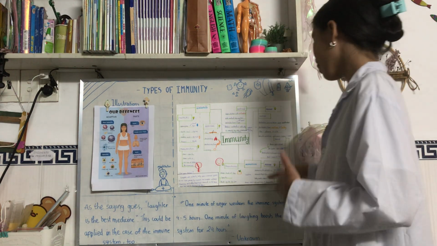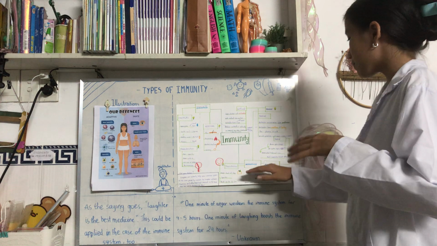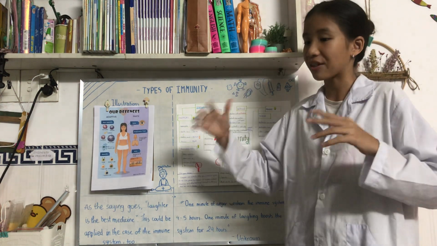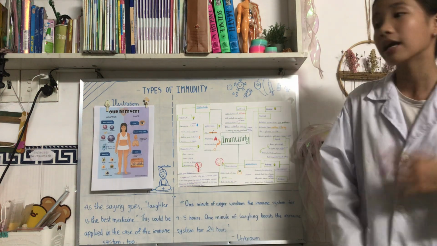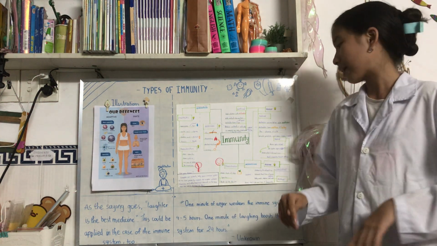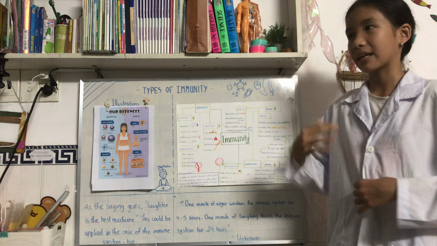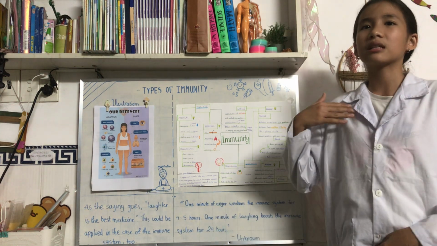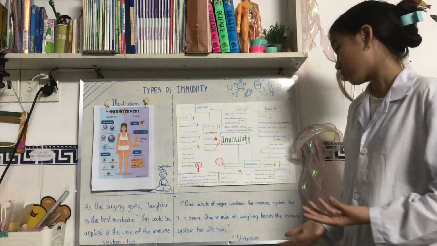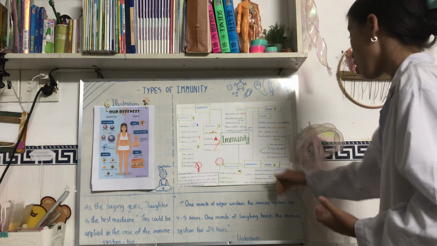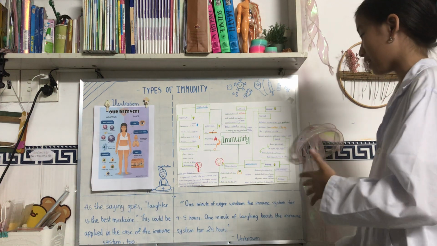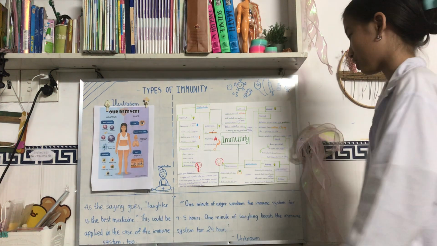For our artificial one, coming back to this, it is the immunity developed by vaccination. If a pathogen manages to get through the blocking, and there's no way that our body can fight it back, or if our natural line of defense is not as great as it used to be, then we have vaccination.